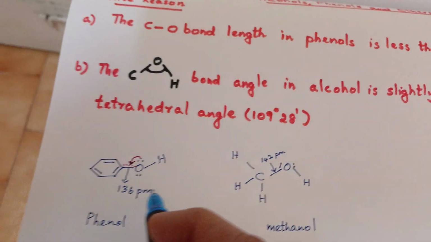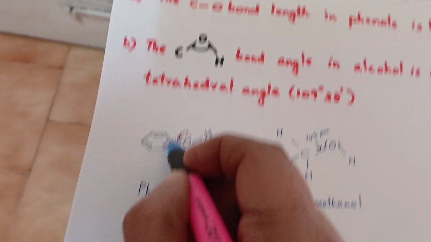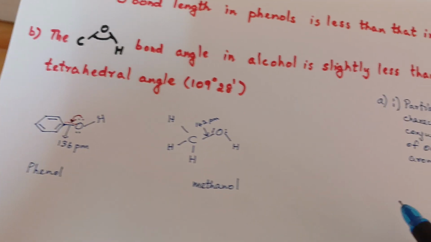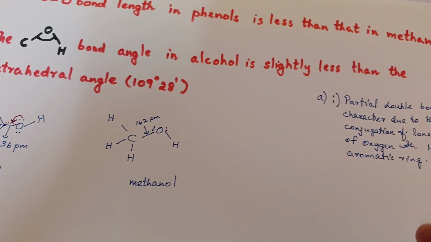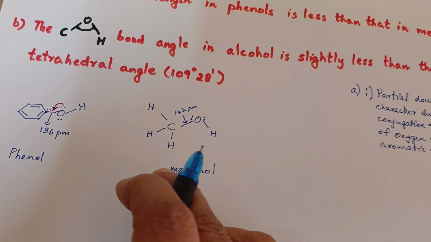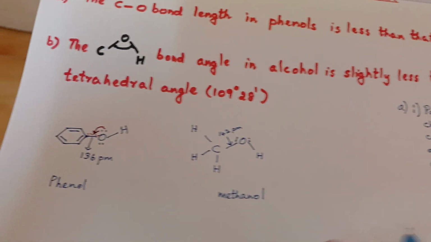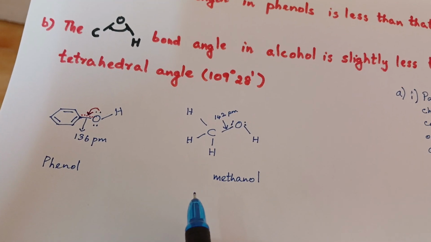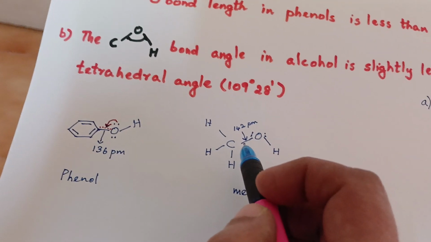Next reason is, you know that this carbon here to which that oxygen is attached has got an sp2 character. It is an sp2 hybridized carbon. Now what is the speciality of sp2 hybridized carbons? They are more electronegative than sp3 carbons.